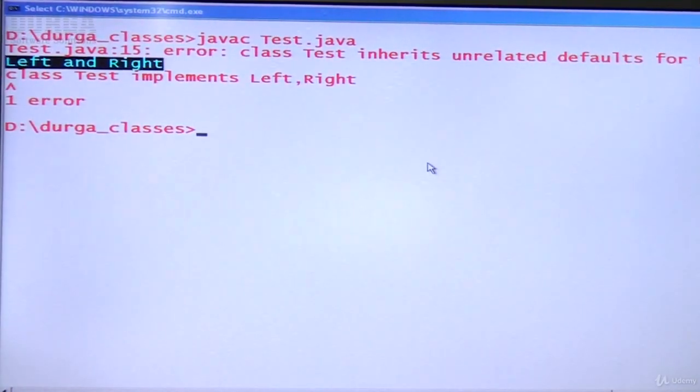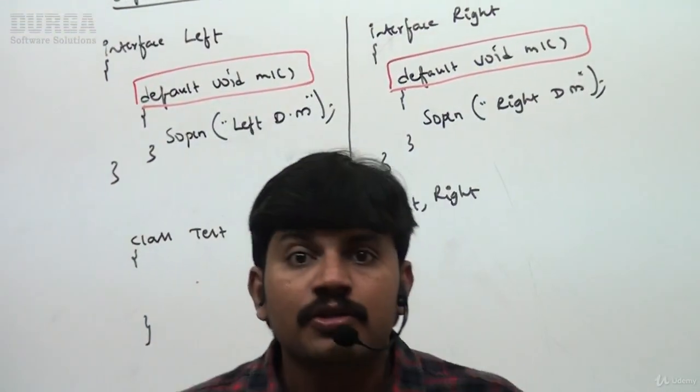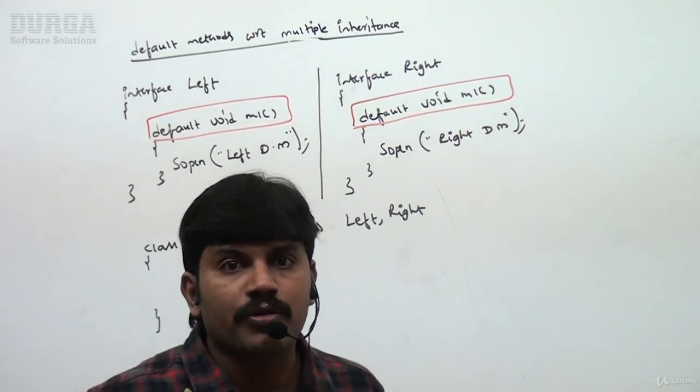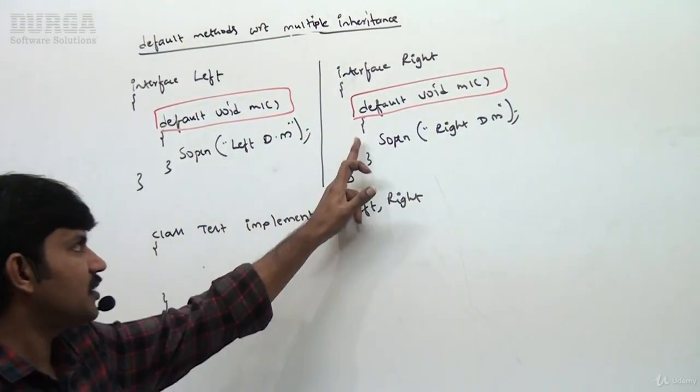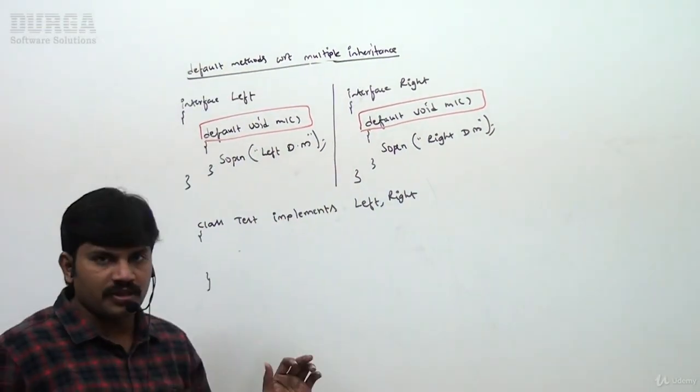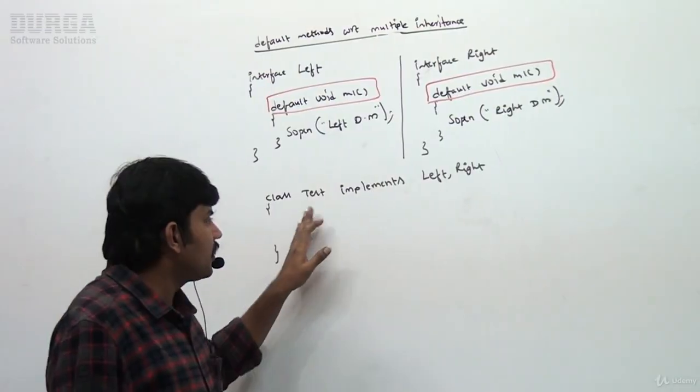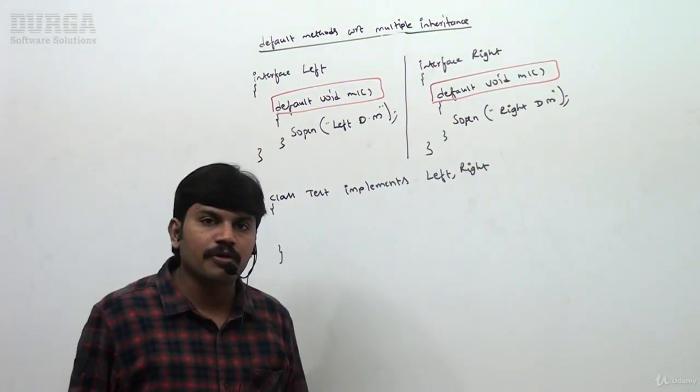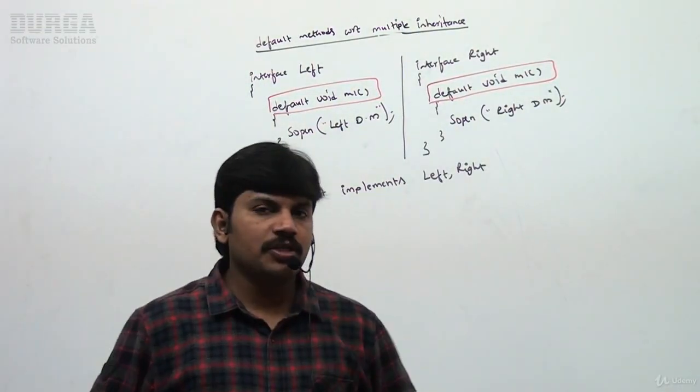This is the problem, correct or not? So in the case of default methods, there may be a chance of ambiguity problems. If two interfaces contain the same default method, then in the implementation class there may be a chance of ambiguity problem. How can we solve this problem?